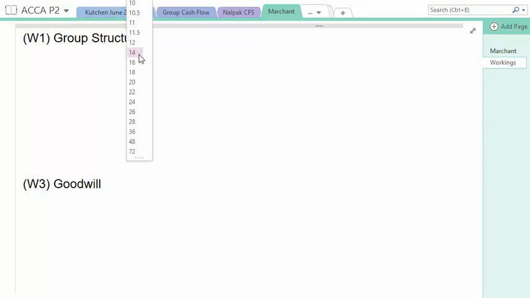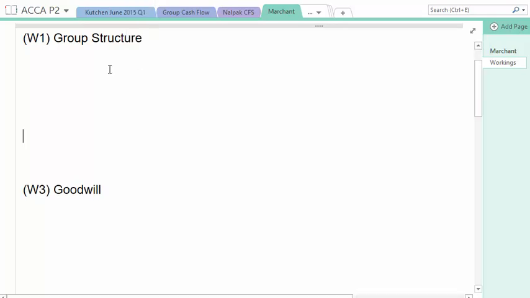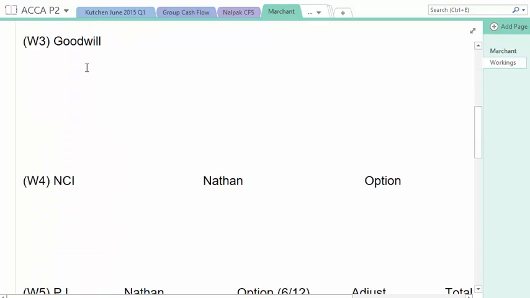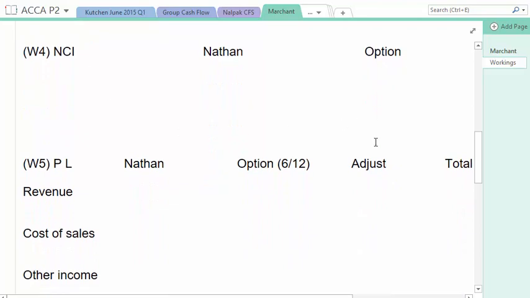I'm just going to put in here, so we've got our standard workings, group structure, net assets, Goodwill, NCI. Then working number 5 is going to be my profit or loss working.